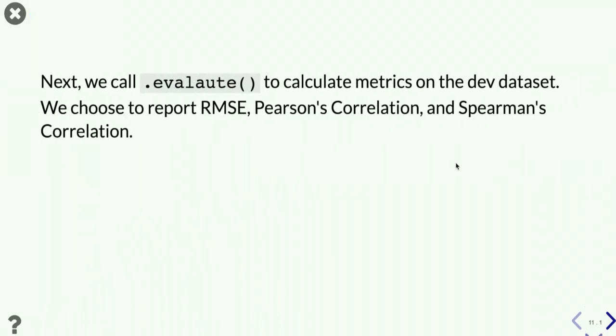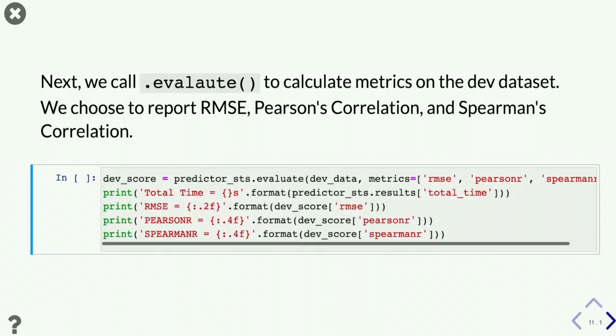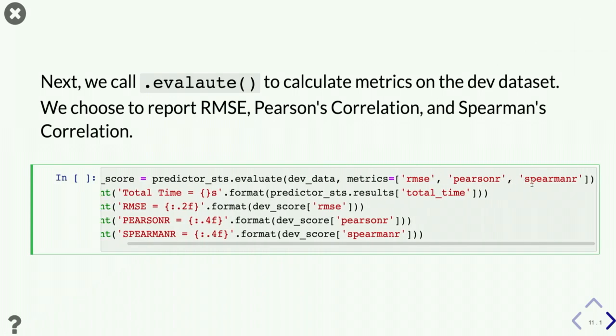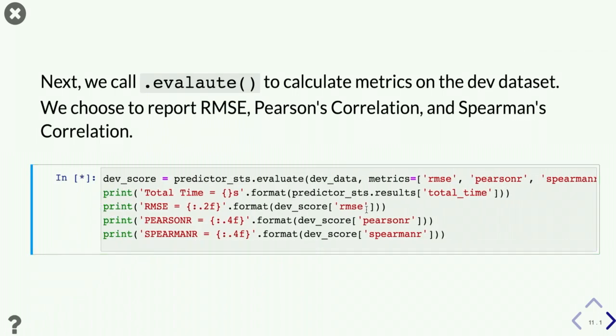Next we can call .evaluate to calculate the metrics on the dev dataset. Here we do the following: predictor_sts.evaluate on the dev dataset, and since it's a regression problem, we specify the metrics to be the root mean square error, the Pearson correlation, and the Spearman correlation.